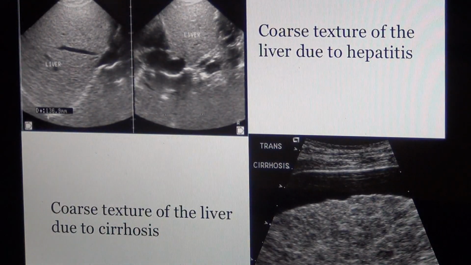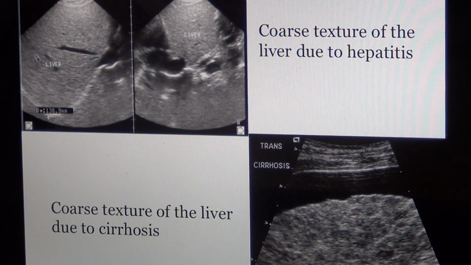So now coarseness. Okay, the texture. Coarse means rough. So now look at the liver. It looks like the liver is definitely brighter, and the liver is a little more rough.